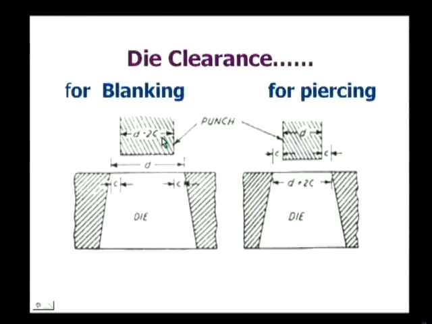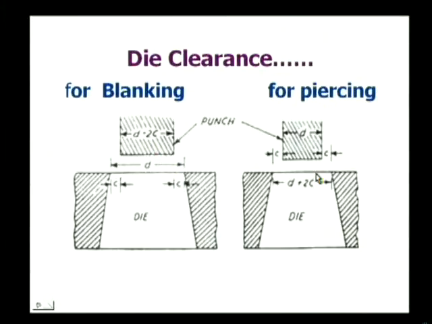So the size of the punch is less than the die size by twice the clearance. If C is the clearance on one side of the die, then D minus 2C is the size of the punch, whereas D is the size of the die hole. So the clearance is only provided on the punch.